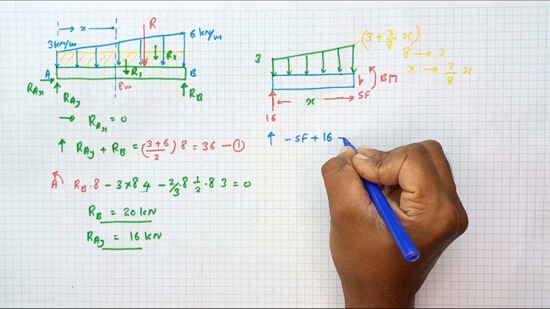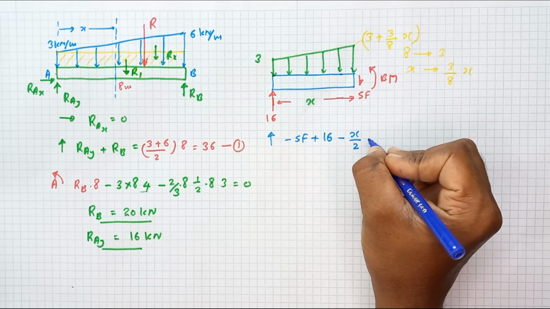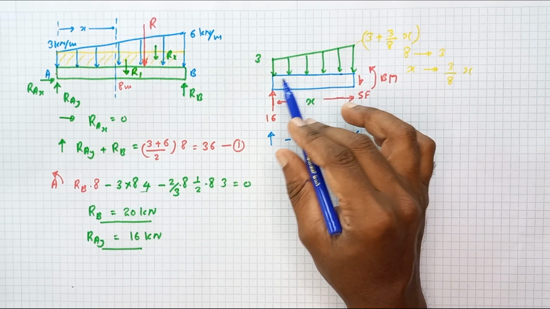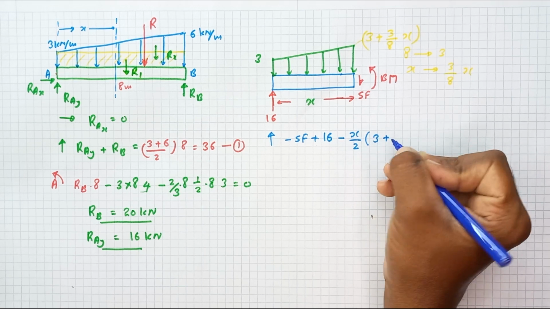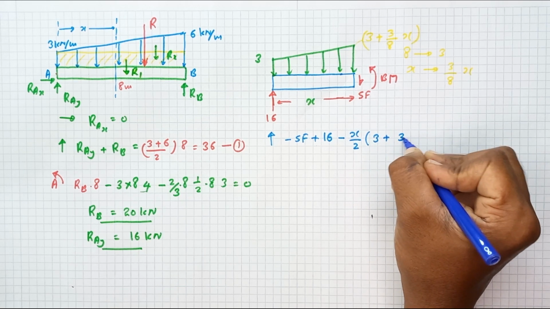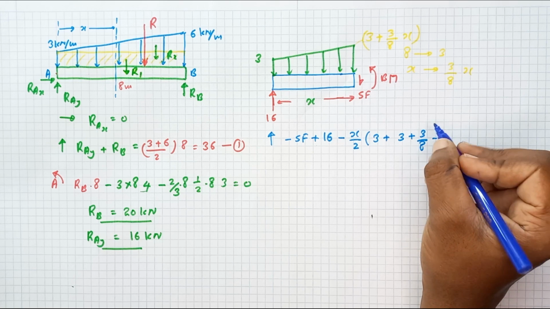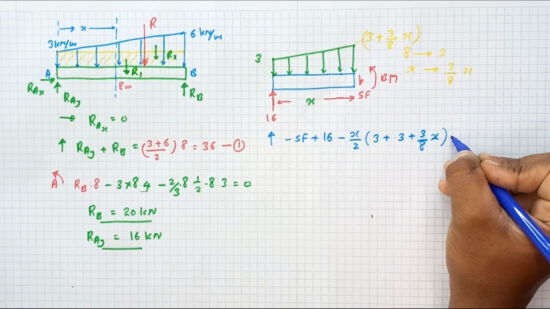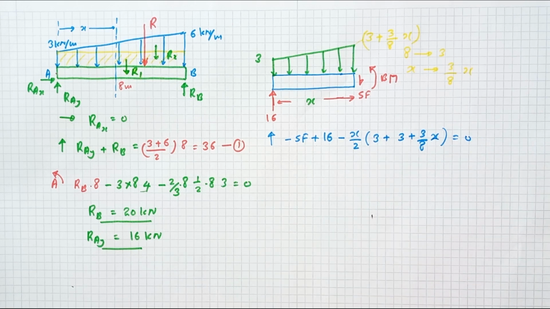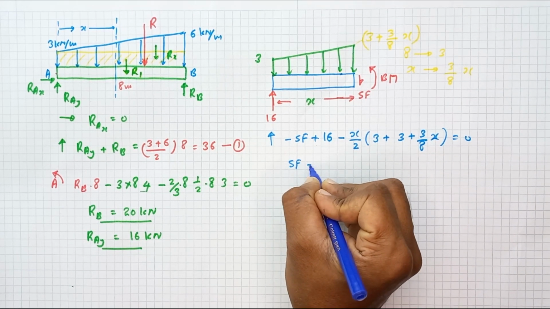That is equal to minus x divided by 2 into the addition of the 2 parallel sides, 3 plus 3 divided by 8 into x, equal to 0.